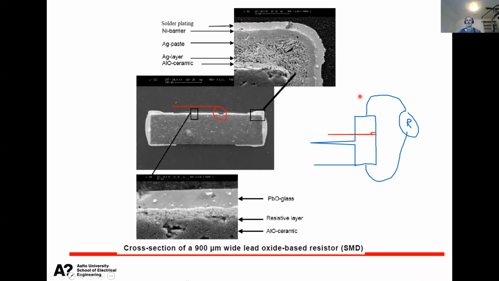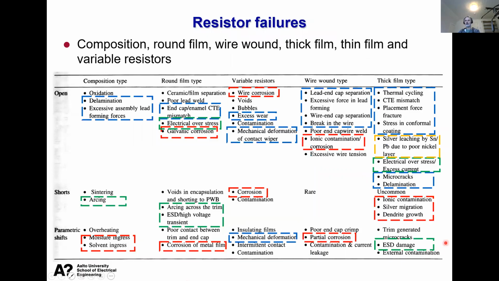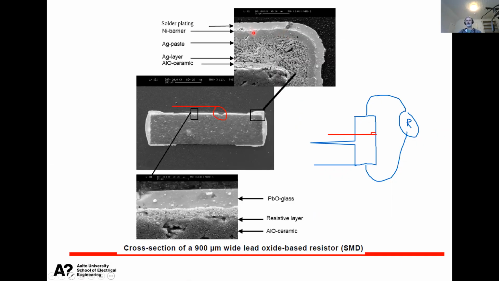Now, in the previous slide, this silver leaching means that if this nickel layer here is too thin or not uniform, then the silver can dissolve into the liquid solder during the soldering operation. And that, of course, is quite bad from the reliability point of view.